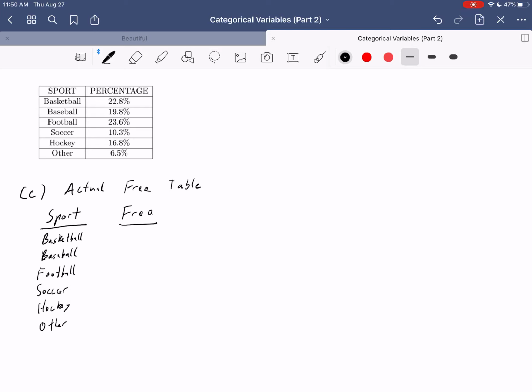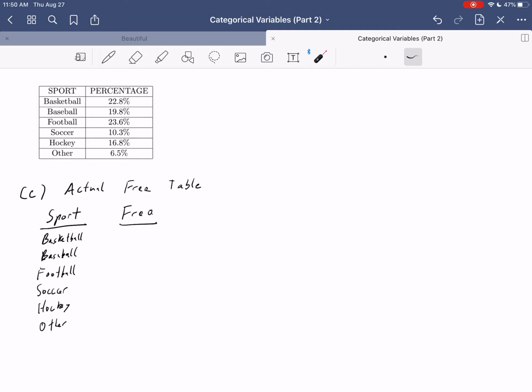Well, in the previous video, we spent some time talking about how to go from frequency to relative frequency. We said that when you had a frequency and you wanted to turn it into a relative frequency, you divided by the sample size. Well, in this case, we want to reverse that, so we need to multiply by the sample size. So what we would do is we take each of these. Remember, whenever working and trying to do arithmetic with a percentage, you need to convert it into a decimal first.